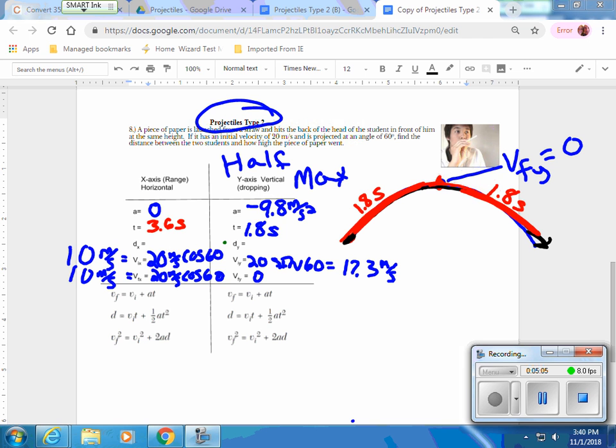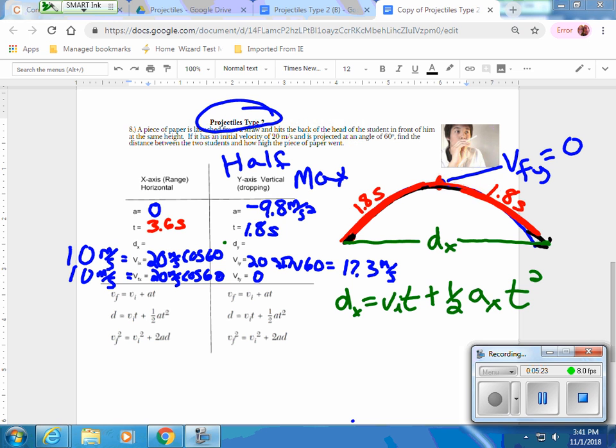So doubling the time. Now to find my dx distance, my total range, I'm just going to plug into this equation. dx is equal to v initial t plus 1/2 ax t squared. So that's a little x. This is 0 because no effect from gravity in the horizontal position.